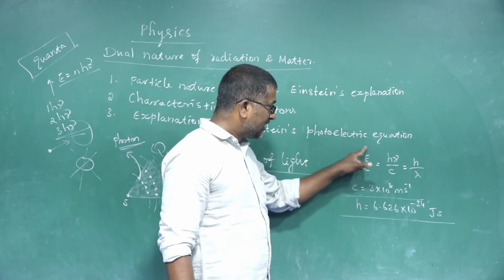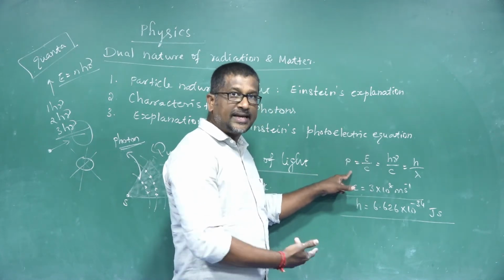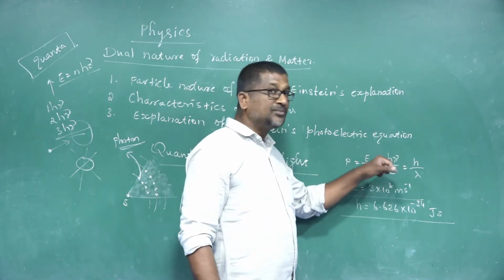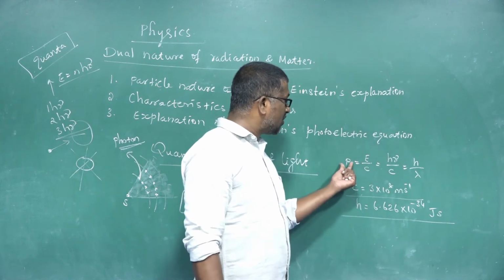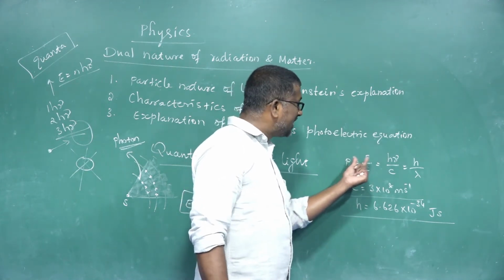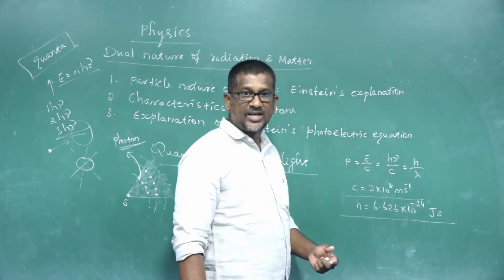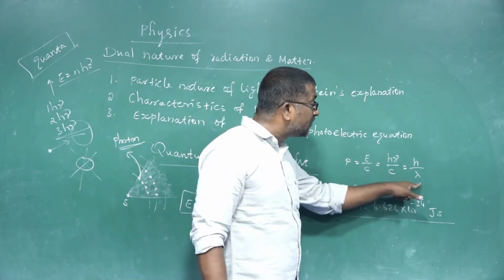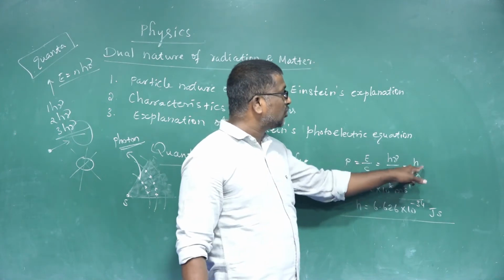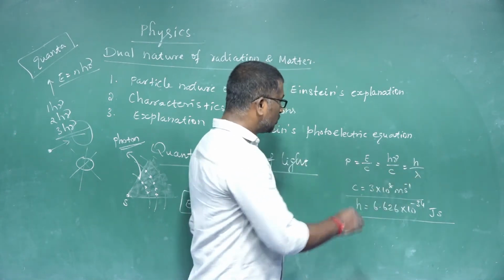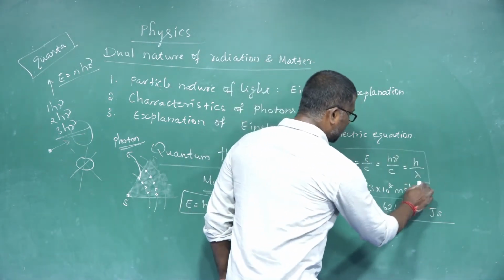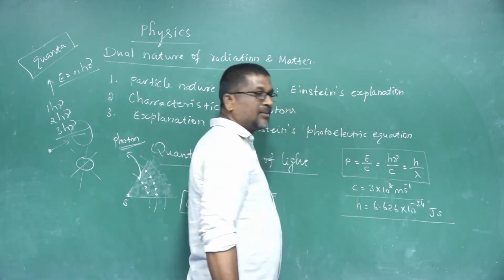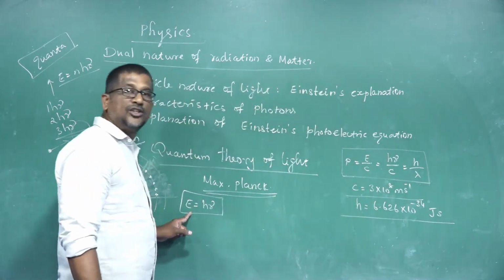So this is the linear momentum expression in terms of energy of a photon, right? In terms of frequency of the radiation, the momentum of the photon is given by p is equal to h nu divided by c. And the momentum of the photon in terms of wavelength of the radiation is p is equal to h divided by lambda. So these are the expressions for the linear momentum of the photon, and this is the energy of the photon.